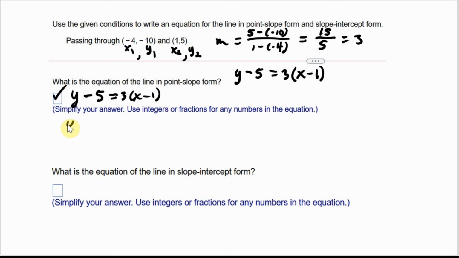So we have y minus 5 is equal to 3x minus 3. We're going to add 5 on both sides, because getting slope-intercept form just means getting y by itself. So I get y is equal to 3x minus 3 plus 5, that's just plus 2.